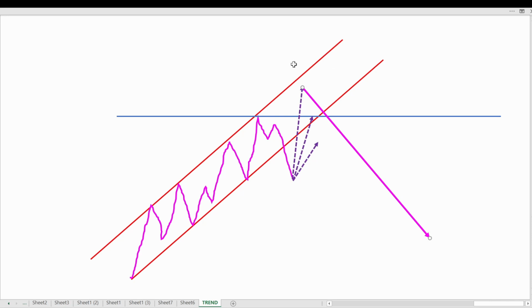That it goes through the resistance levels, that it gets right to this level and makes a double top, and the third one is that it gets short here and doesn't quite get to this resistance level.